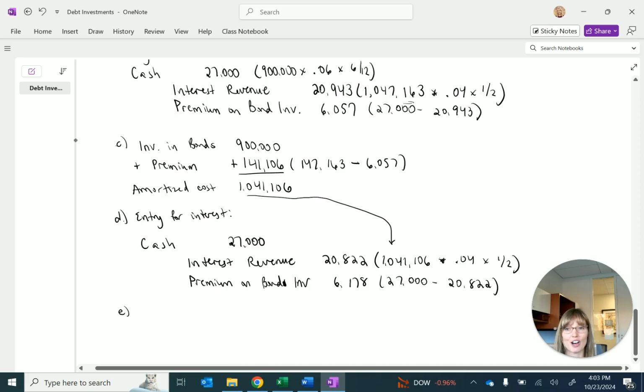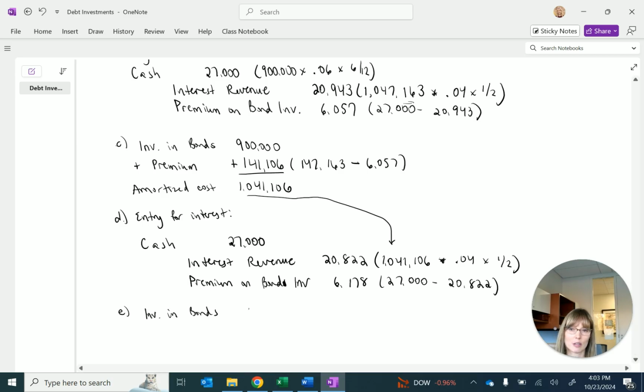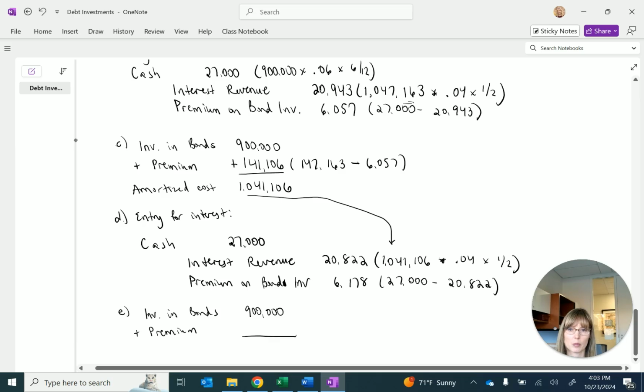What's the amortized cost on 12/31? We have our investment in bonds, $900,000, plus the premium. Sorry, the previous balance wasn't the premium balance, that was our amortized cost.